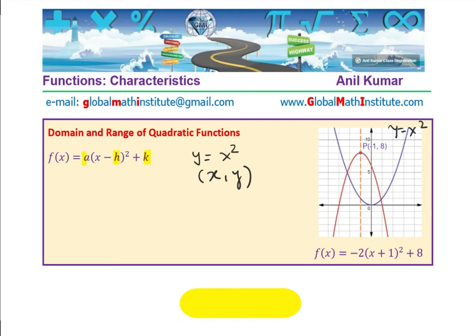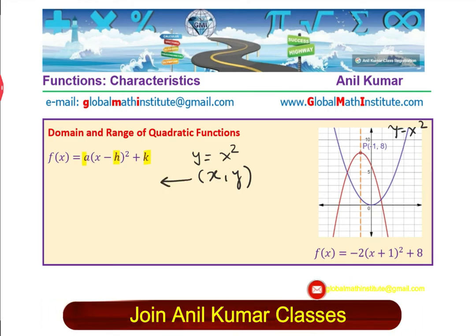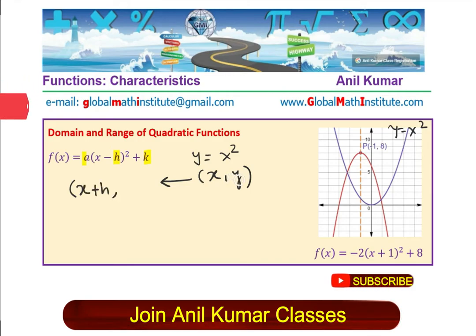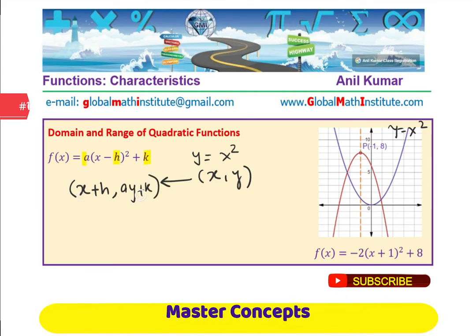In that case, how will their image be? Well, the x values will be translated h units to the right, so the x value will be x plus h. As far as the y value is concerned, if the equation is a times this, they'll be multiplied by a and then we add k. You get the idea. So that is how the image points are going to be.